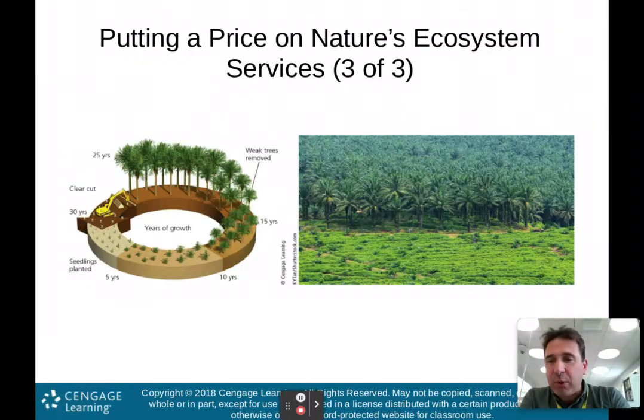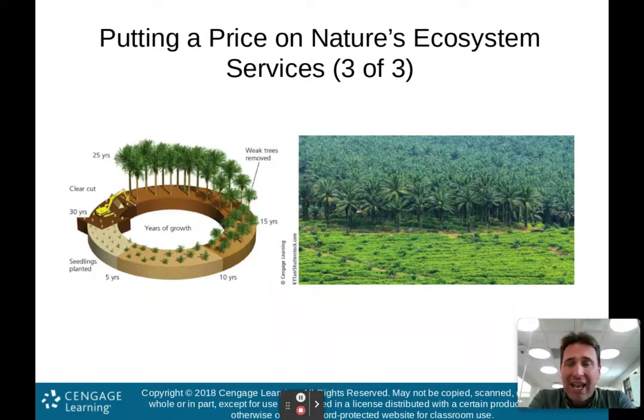In addition, and we've spoken about this a little bit, we will talk about it more in some upcoming chapters, but taking a tropical rainforest and making it into monoculture, or basically one type of tree or plant. So this is an oil palm tree plantation, okay? What has happened is they have basically clear cut the tropical rainforest, and they plant all these palm trees.